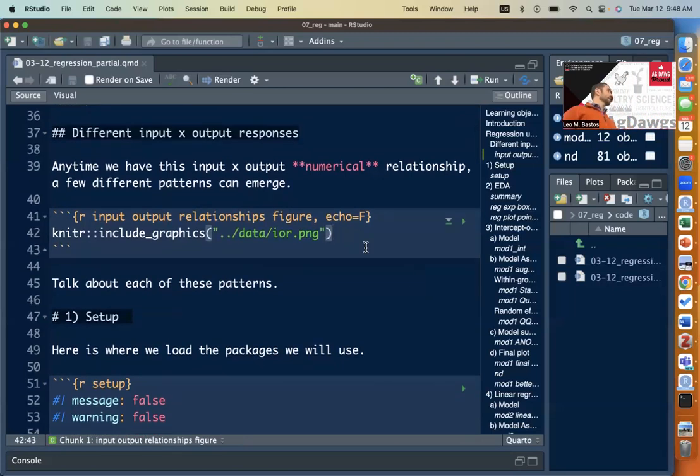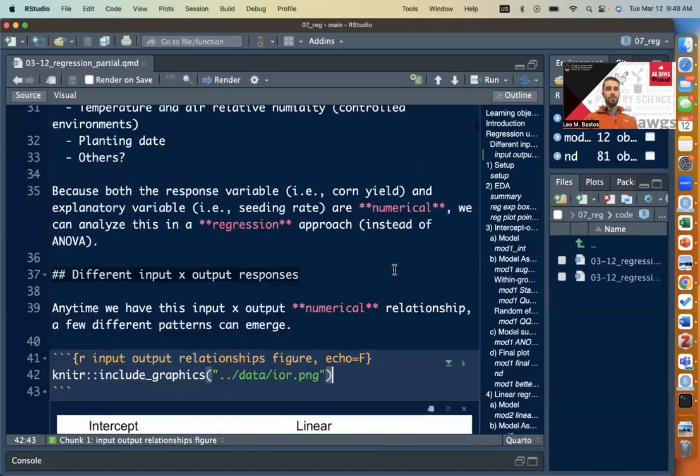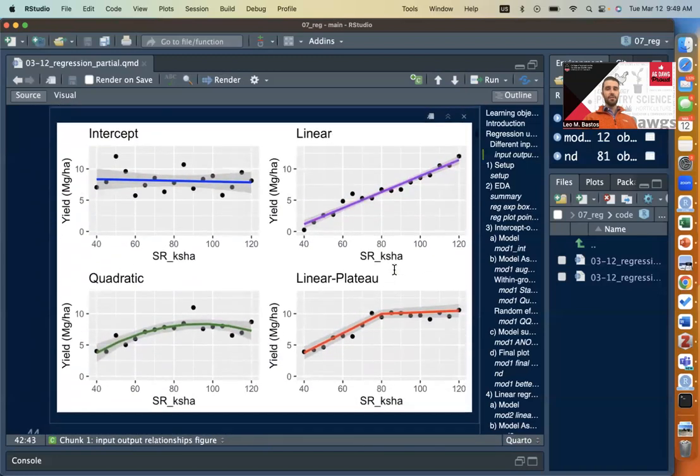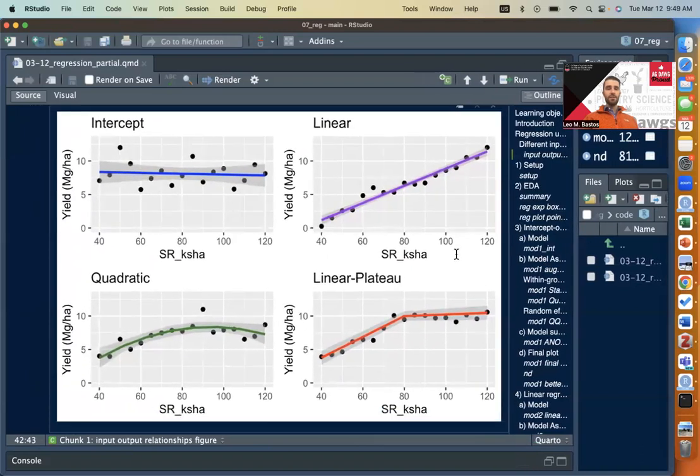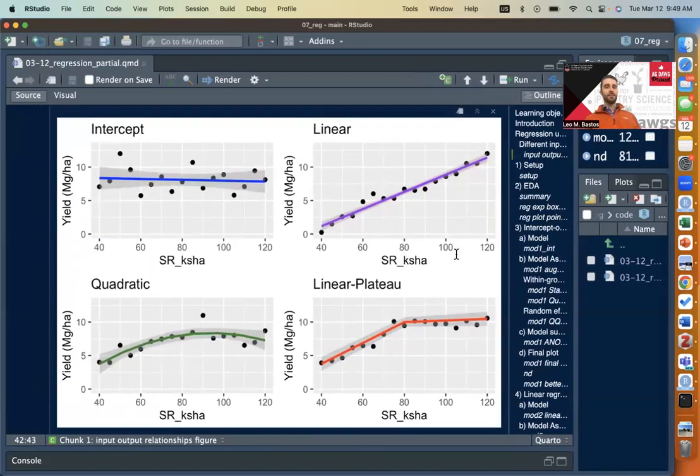So anytime that you have this input versus output numerical relationship, remember, both your input, in this case seeding rate, and your output, in this case corn yield, are numerical. We will have a regression approach, and a few different patterns can emerge. So this is a figure I'm just running on my side. You also have this figure, which is just to illustrate a little bit of that.